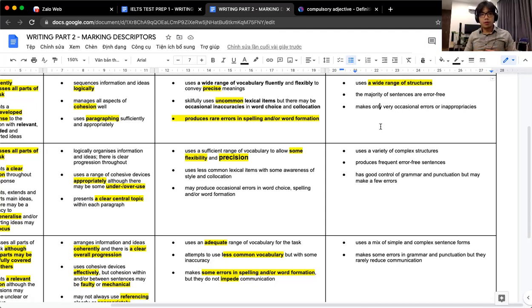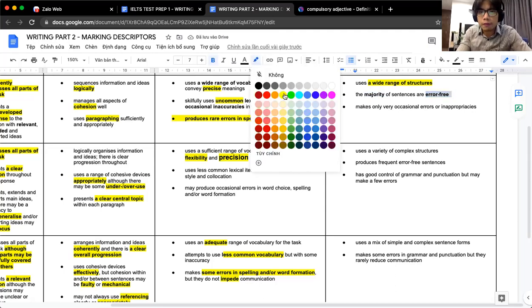But remember, don't overstress yourself, right? Focus on communication and ideas, and usually you should use them naturally without having to worry about the wide range thing. Majority of sentences are error-free. It is very interesting.